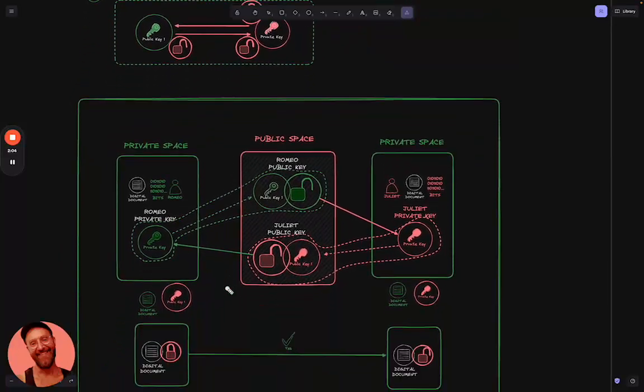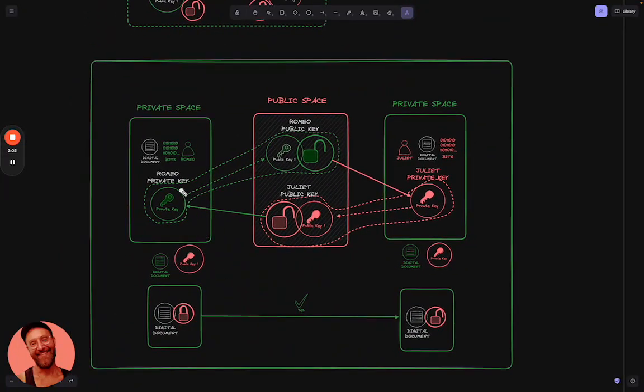Knowing that, now when we want to pass the poem to Juliet using asymmetric cryptography, we're going to have a public-private key pair for Romeo and a public-private key pair for Juliet. If Romeo wants to send a message to Juliet, he takes the public key from Juliet and encrypts the message.